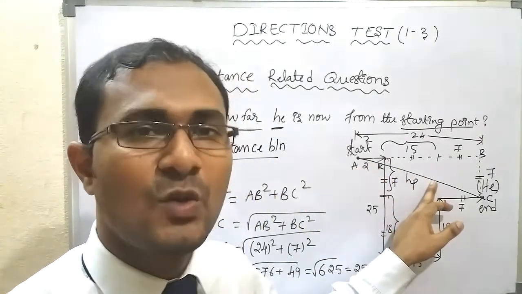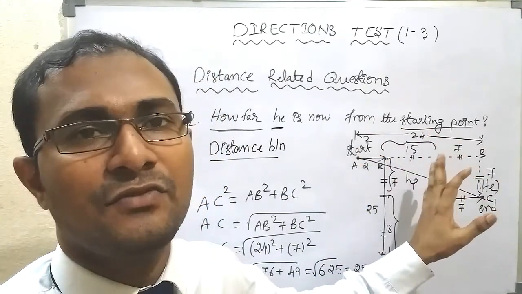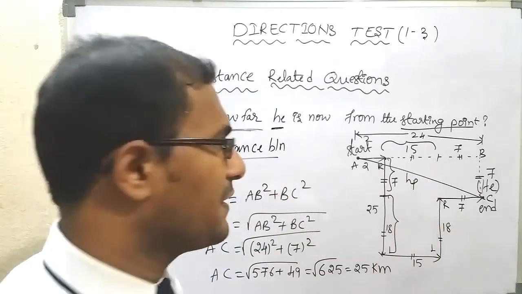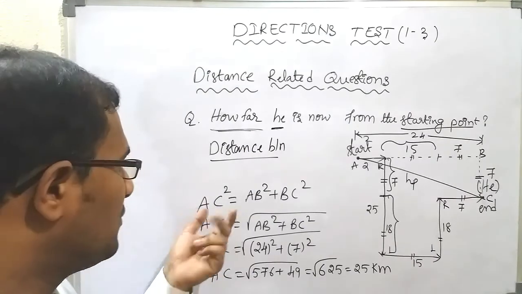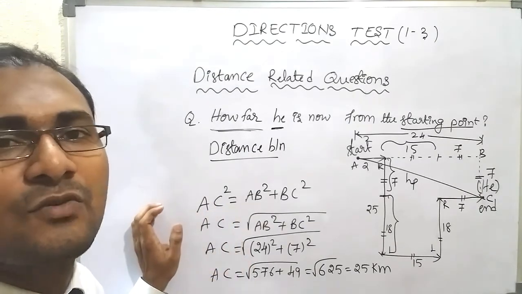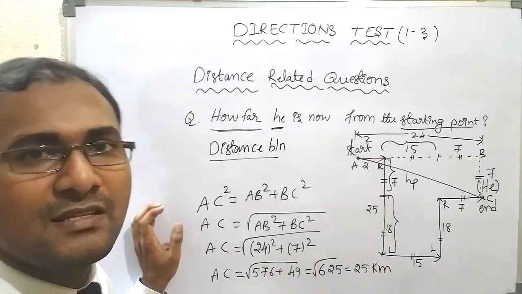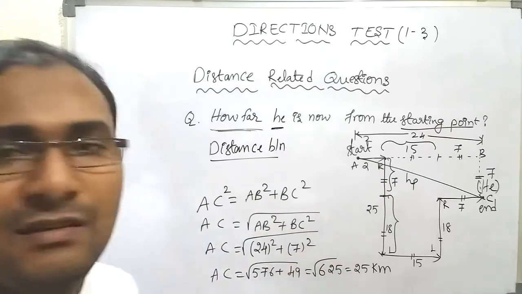After finding that slope, draw a right angle triangle, then apply the Pythagoras rule. Try to find the hypotenuse value by applying it. So what is that rule? Hypotenuse equal to square root of side square plus side square, otherwise hypotenuse square equal to side square plus side square. By applying that rule, we can find the answer.